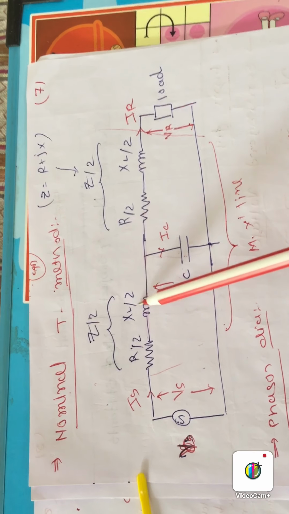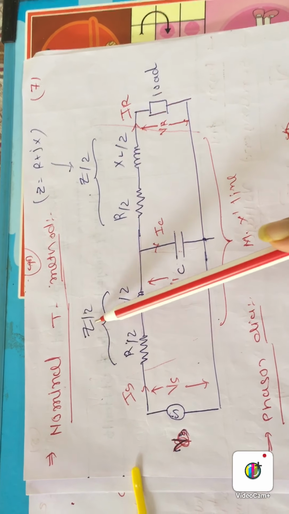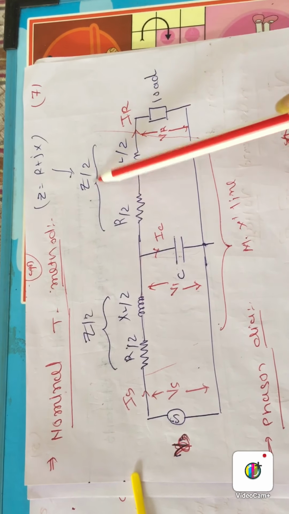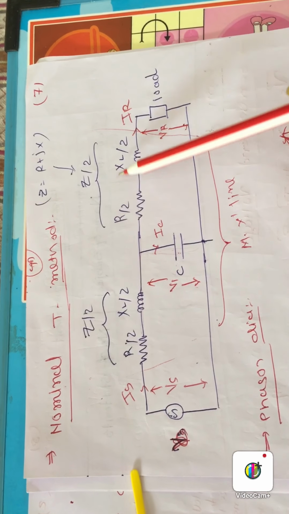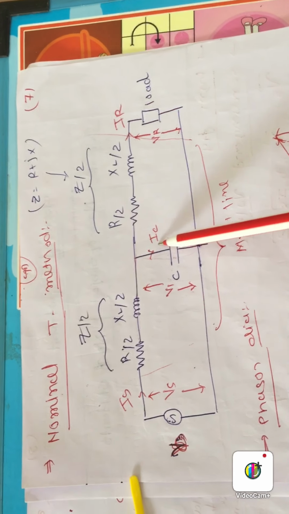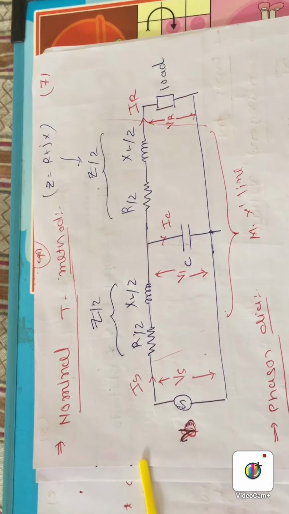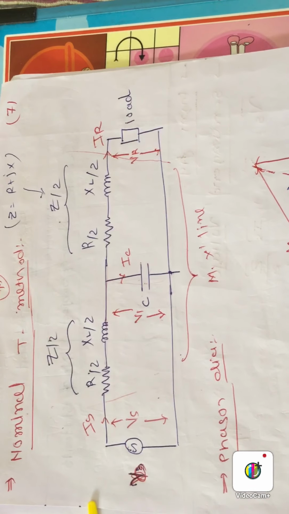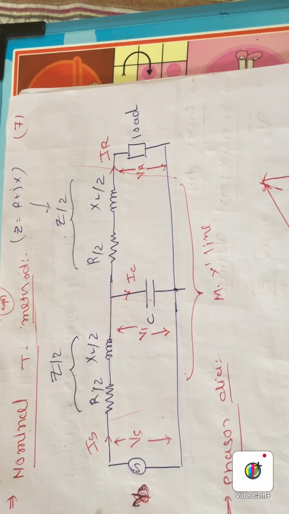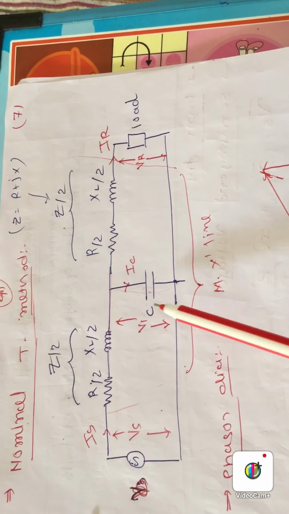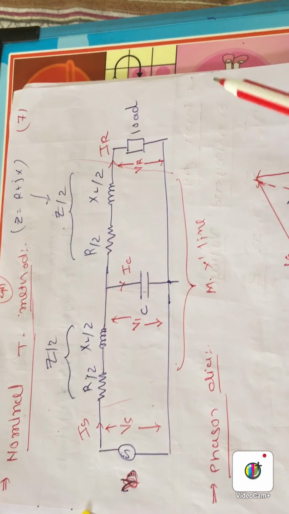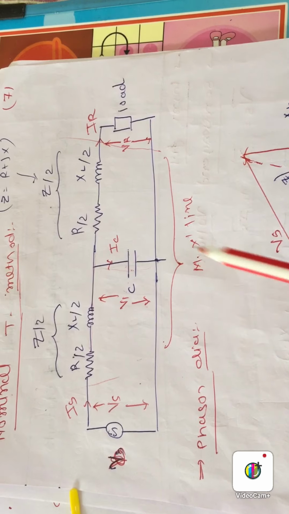R/2 and XL/2 together are represented by Z/2, and again R/2 and XL/2 as Z/2, where Z means R plus jX, so this is R/2 plus jXL/2, that is Z/2, Z/2, and C. The current flowing through the capacitor is represented by IC, and the voltage across the capacitor is represented by V1. This is the sending end, this is the receiving end, and this is the medium transmission line.